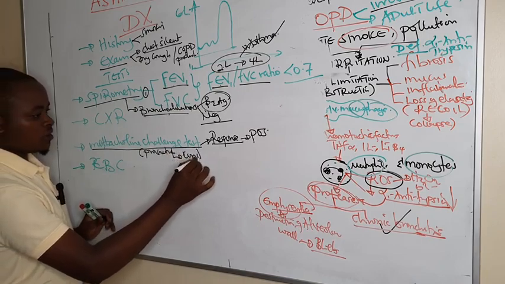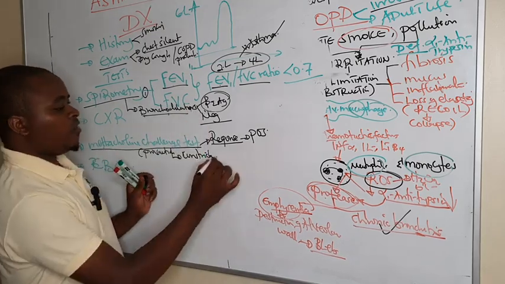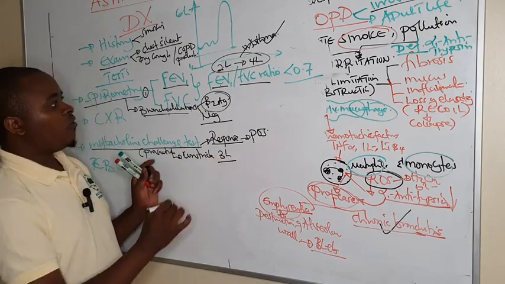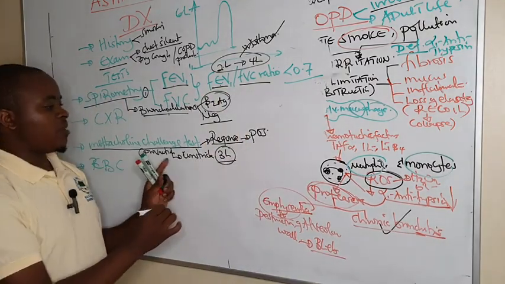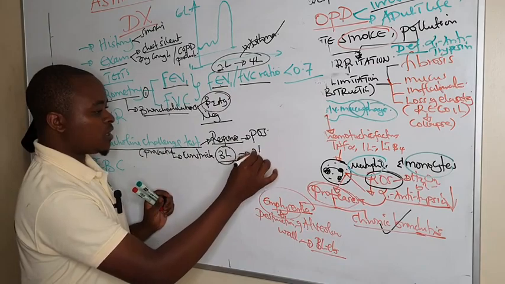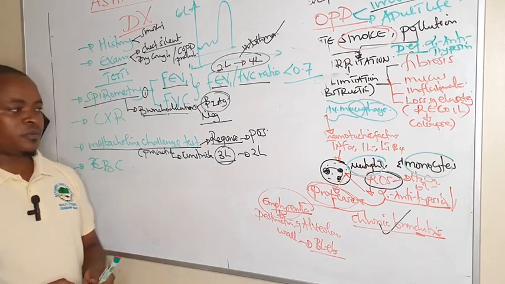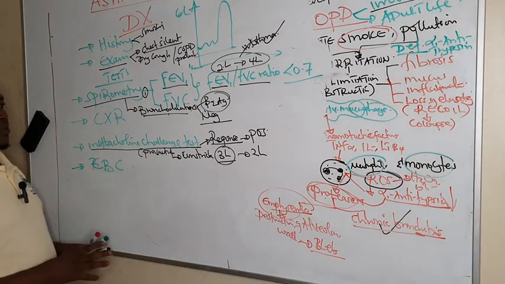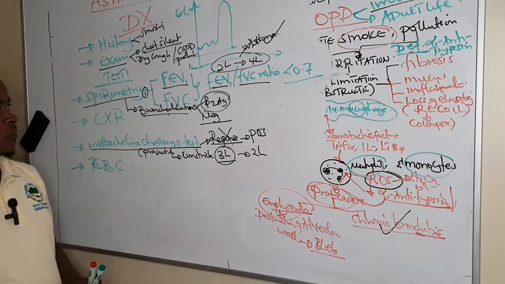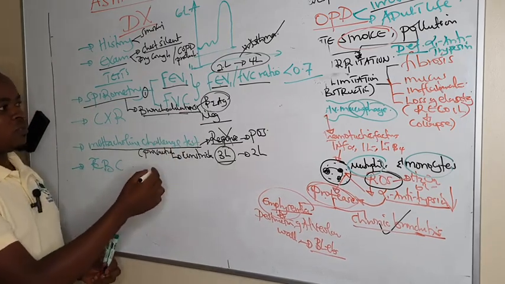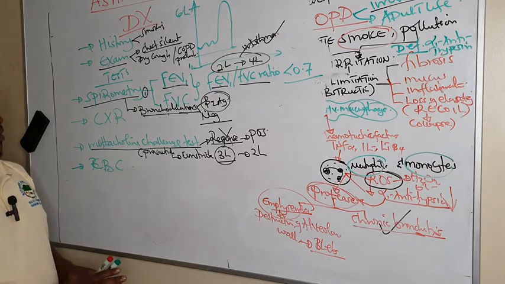So if I give it and the condition worsens, say a patient had 3 liters of forced expiratory volume in 1 second, and after giving methacholine it decreases to 2 liters, that can confirm that the problem is asthma because of the response to the methacholine. Whereas bronchodilators are used to see if the situation can revive. That is what we use them for.